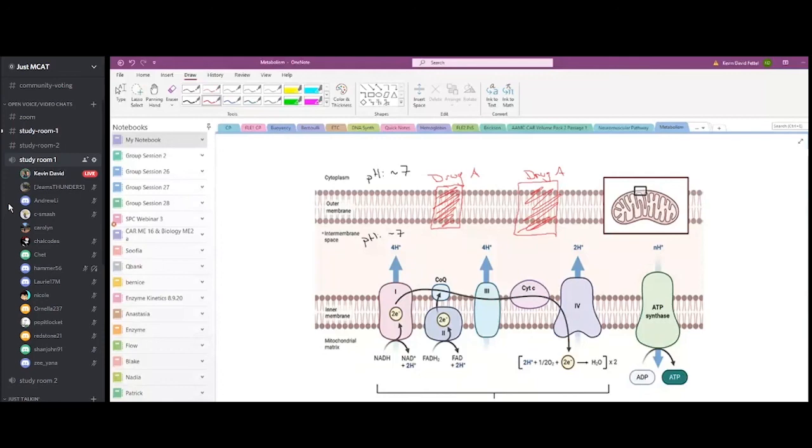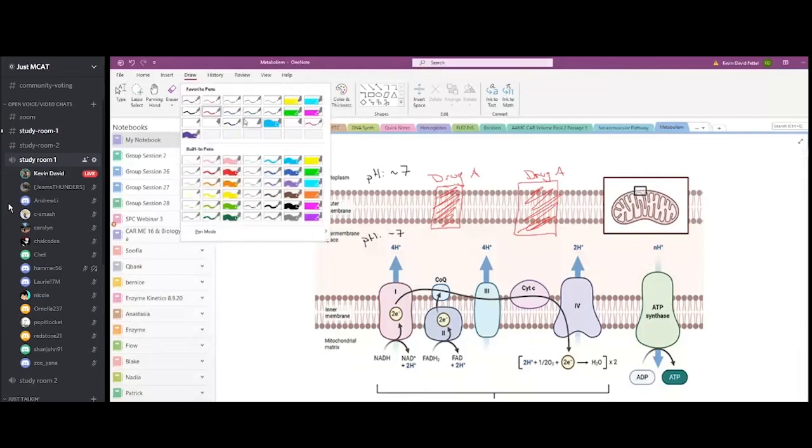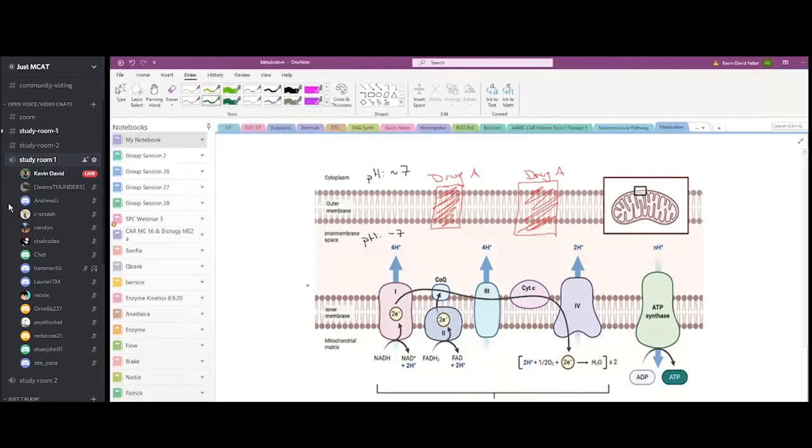So there would be no net movement of protons, because they're equal in concentration. The pHs are the same between the cytoplasm and the inner membrane space. Cool. However, let's think about this. Let's do a different color, like puke green. Puke green's nice.